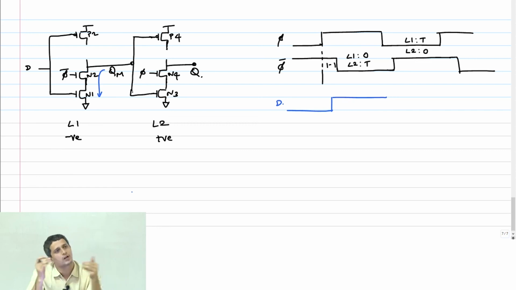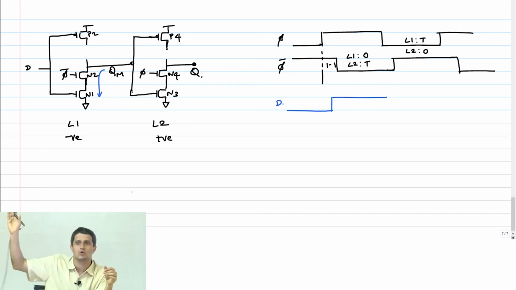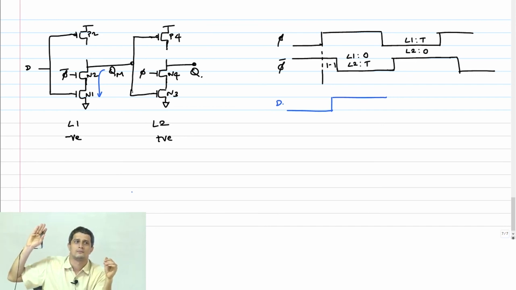What happens after the overlap is done? What is happening in L2 after that? It is transparent. That means any change that has gone through to QM will go straight to Q after that, and therefore you will have a serious violation.